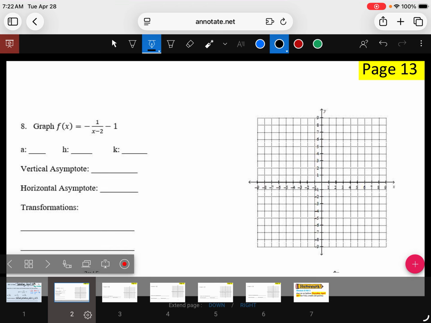Color pencils, highlighters, something like that.